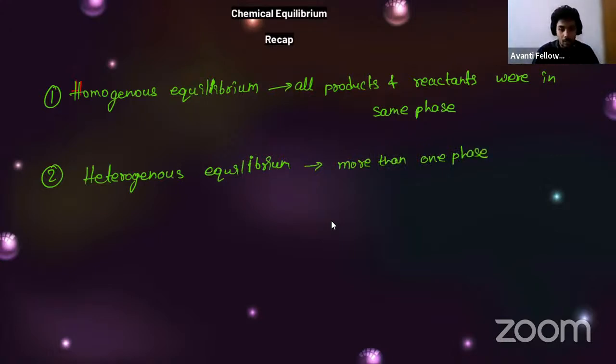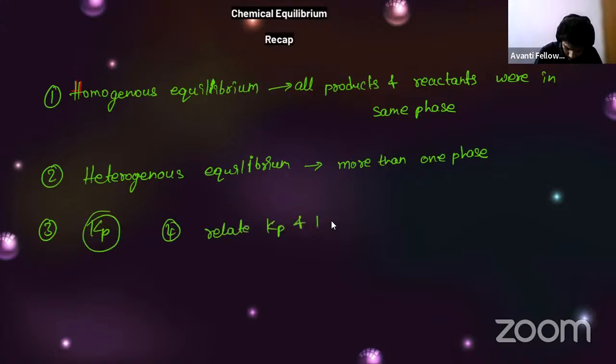After homogeneous and heterogeneous equilibrium, we went to the equilibrium constant in the gaseous phase, that is Kp. How to write Kp we have seen, right? After that, we saw how to relate Kp and Kc, where Kp was equal to Kc into RT power delta n.